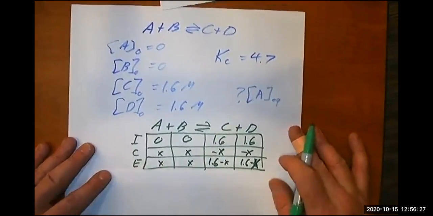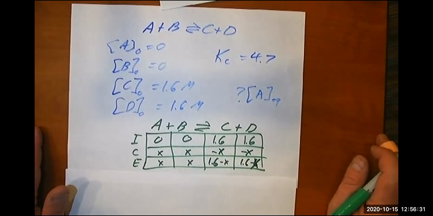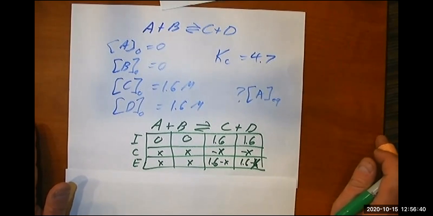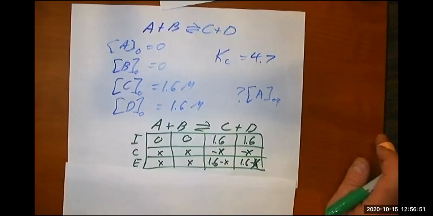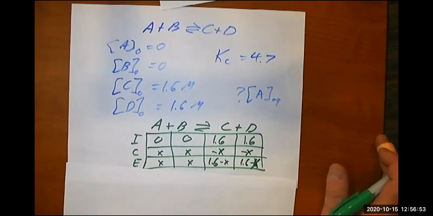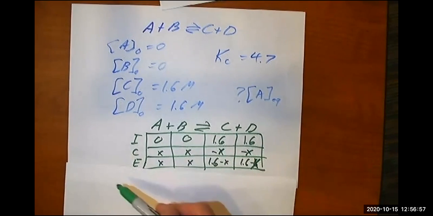what's our next step? We could find a Q, and then that would confirm for us that it's going to be shifting to the left.